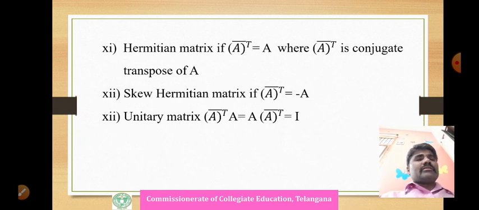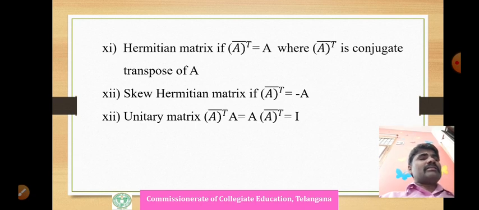Hermitian matrix. A square matrix A is said to be Hermitian if A bar transpose is A. Here A bar transpose is the conjugate transpose of A. First you take the conjugate of all the elements in A, where elements are in the form a plus ib. The conjugate of a plus ib is a minus ib.